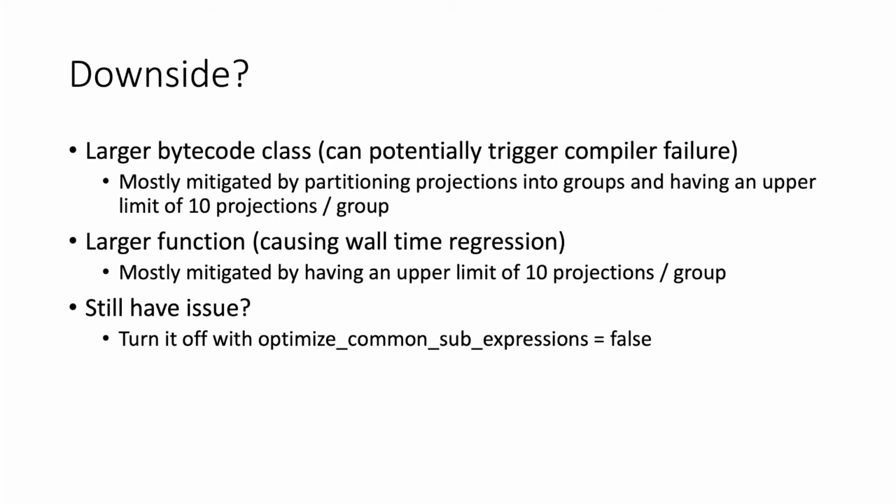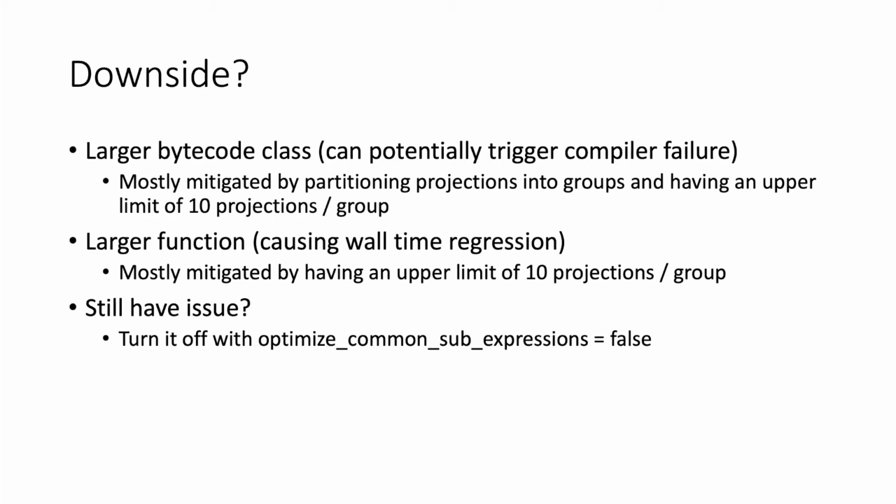It doesn't always end up with a CPU regression, but it always ends up with a wall time regression. We suspect it's maybe the code cache or something related to that.